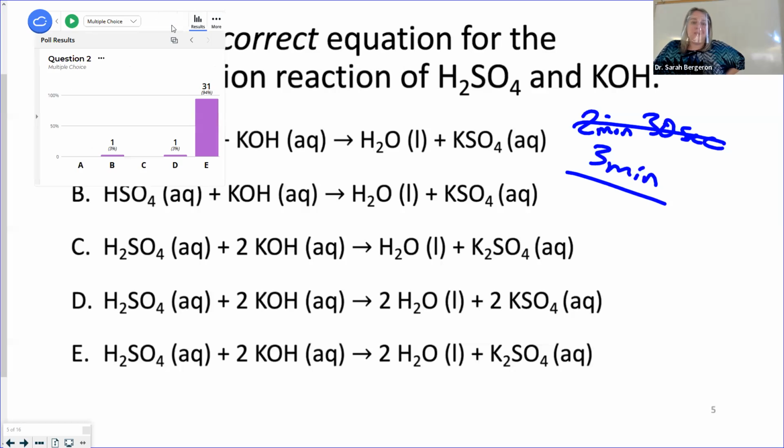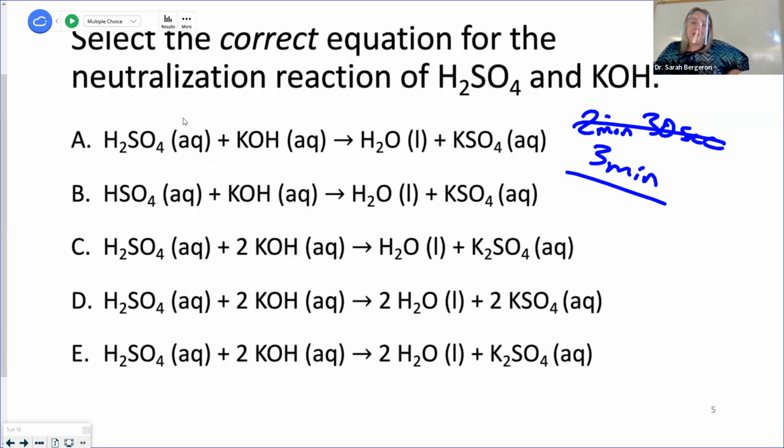Okay, so what did we say? E is the correct answer. So what did you have to worry about with this? What are you making in a neutralization reaction? A salt and water. So where does your water come from? We have a hydroxyl here and a hydrogen here, right? What should have been a red flag was saying that's two hydrogens.